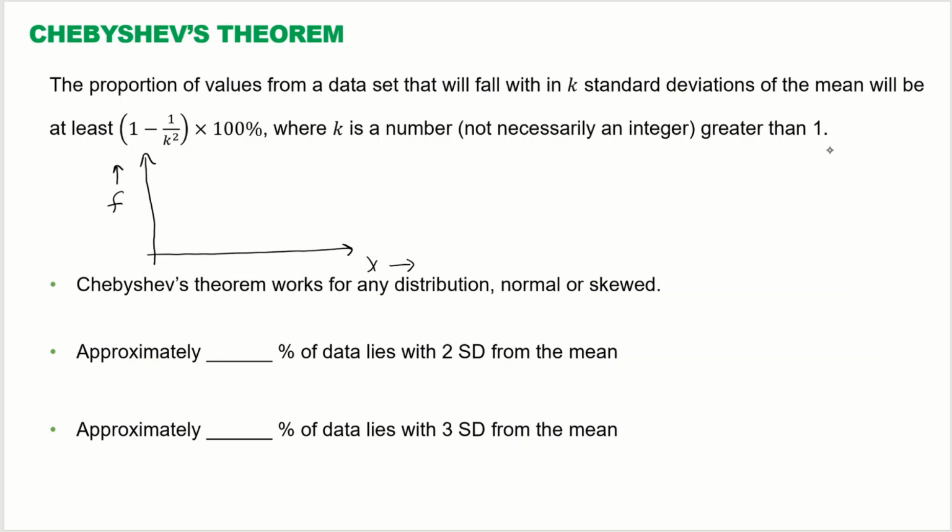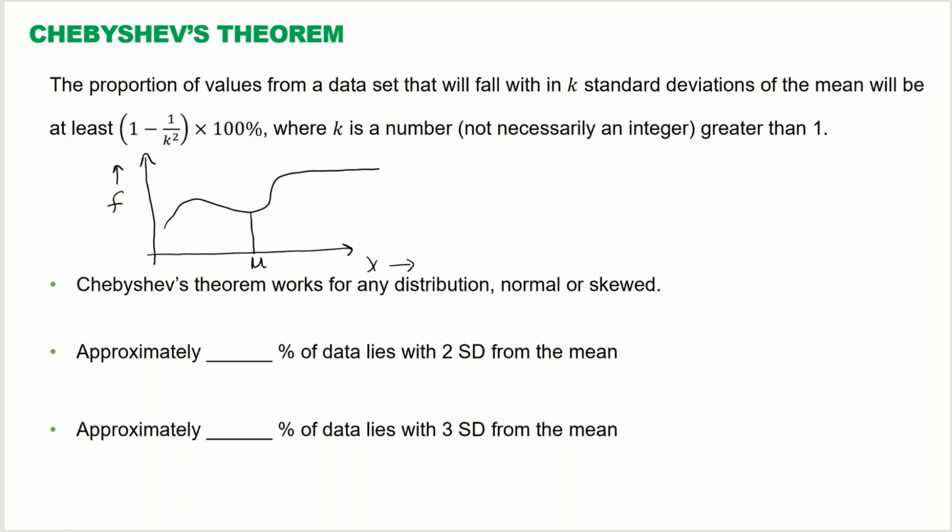Now suppose the distribution of the data is something like that. You can clearly see that the data distribution is not normal. Suppose the mean of the distribution is here in the middle, say, for example, mu.